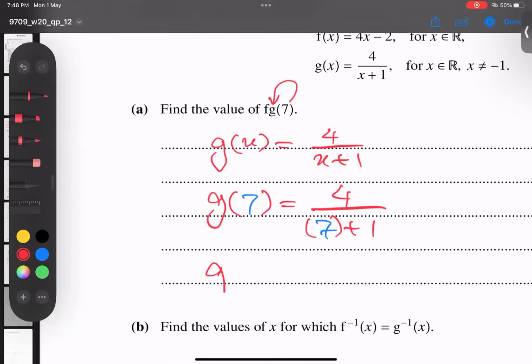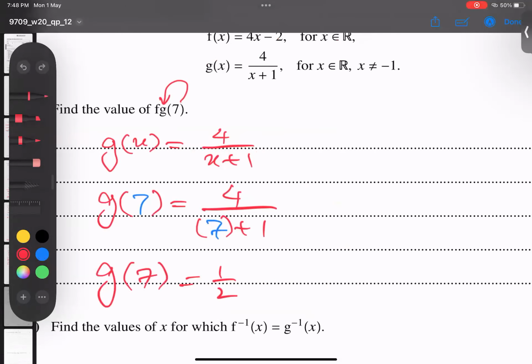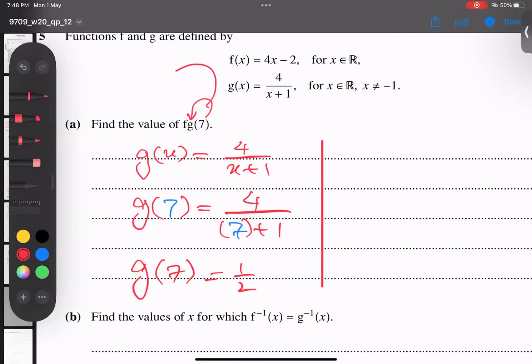So I got g of 7 equal to what, students? I got 4 over 8, I got a half. So the first part is coming half. This is clear because 4 by 8 is half. Now half the job is over. And for our whole thing, plug in f. So I'm copying f of x, students. f of x is this: 4x minus 2, and empty spaces on both sides.